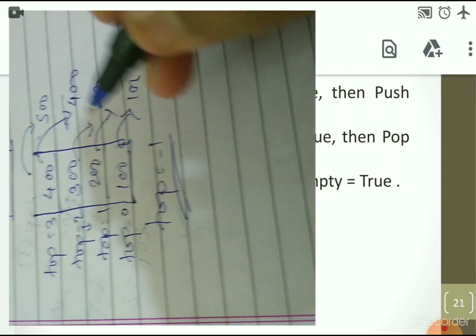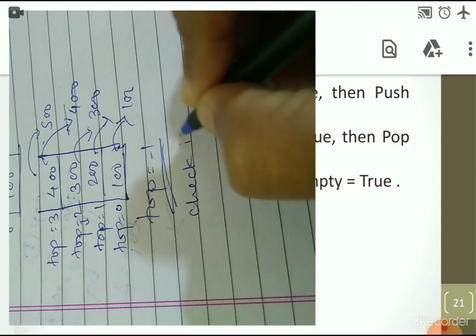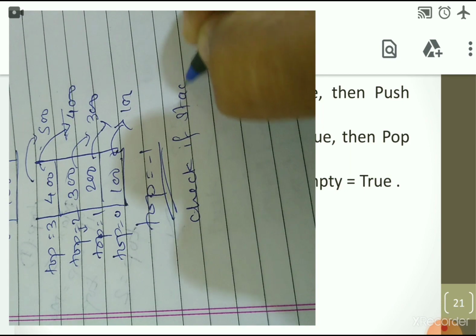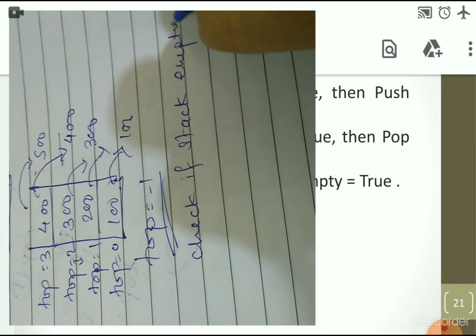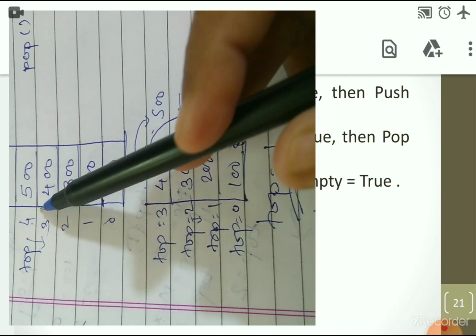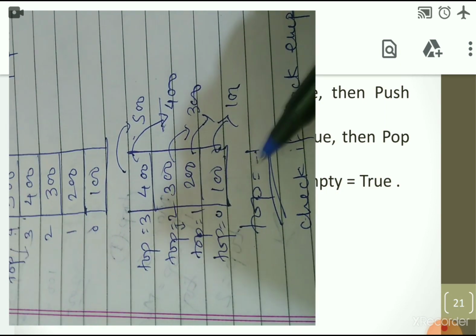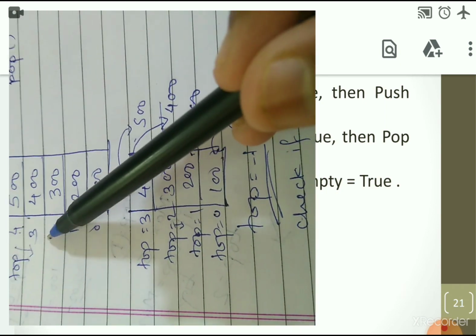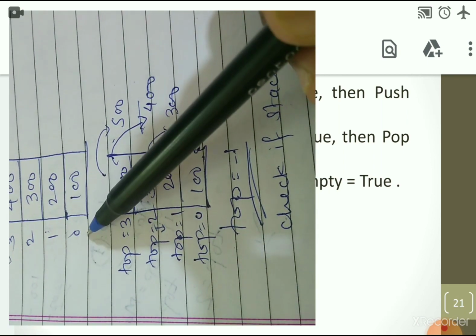Before doing this, we have to check if the stack is empty or not. Whenever we want to delete an element from the stack, we have to check whether the stack is empty. At top equal to 4, it is not empty. When it is empty, top is equal to minus 1, that means the stack is empty. So at 4 it is not empty, at 3 it is not empty, at 2 it is not empty, at 1 it is not empty, at 0 it is not empty.